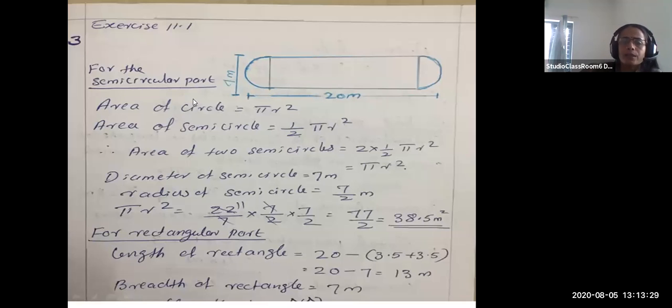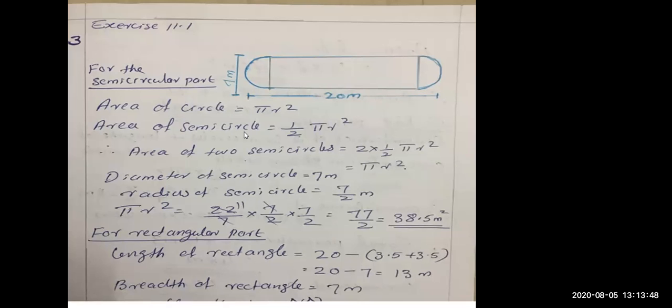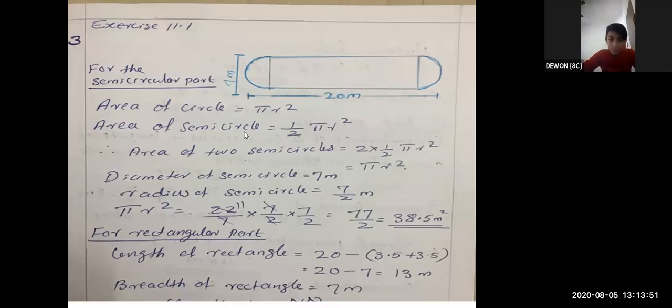First we will find the area of the semicircular parts. Area of a circle is pi r square, where r is the radius. Area of a semicircle is half of it, half pi r square.